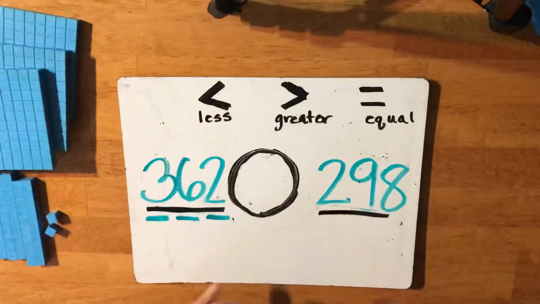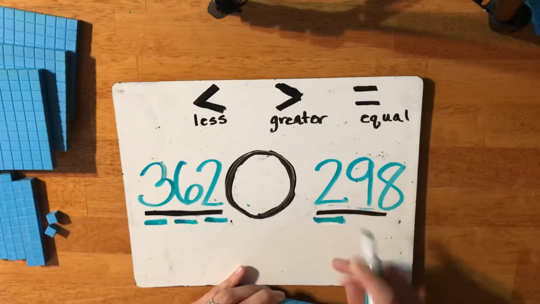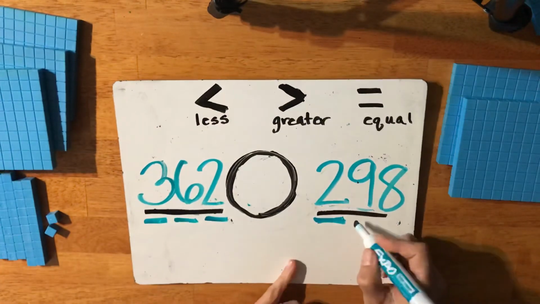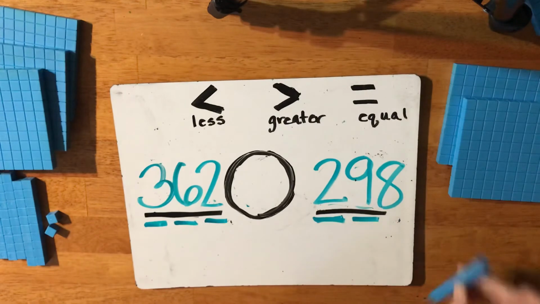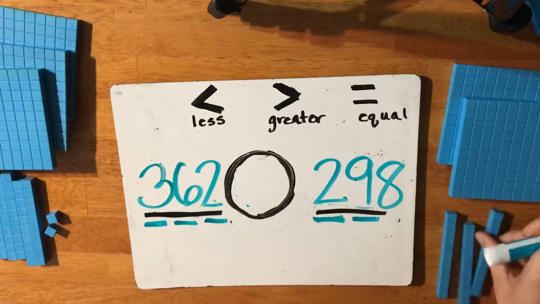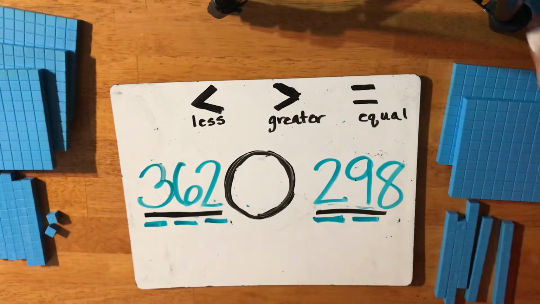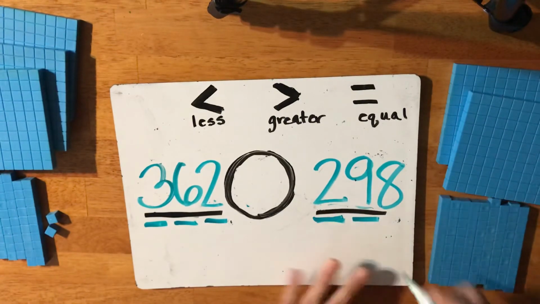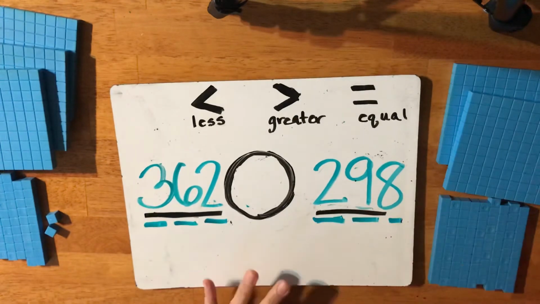Okay. Next, we need to make the number 298. So I need 2 hundreds, because there's a 2 in the hundreds place, and I need 9 tens. 1, 2, 3, 4, 5, 6, 7. Grab a couple more here. 8, 9. So we have 2 hundreds, 9 tens, and 8 ones.